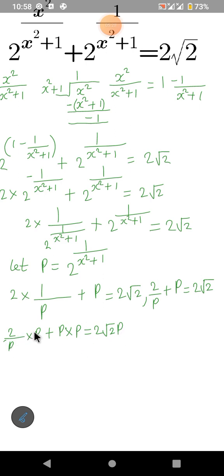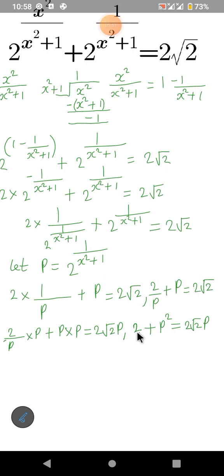Then p multiplied by p, p will divide p here. So we are left with just 2. Then plus p multiplied by p will get p squared, all equals to 2 root 2 p.